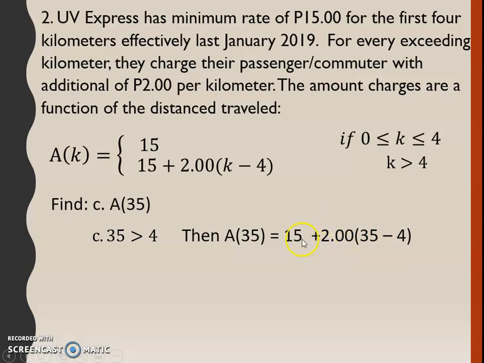Then 62 plus 15 will be 77. So a commuter traveling 35 kilometers will pay 77 pesos.